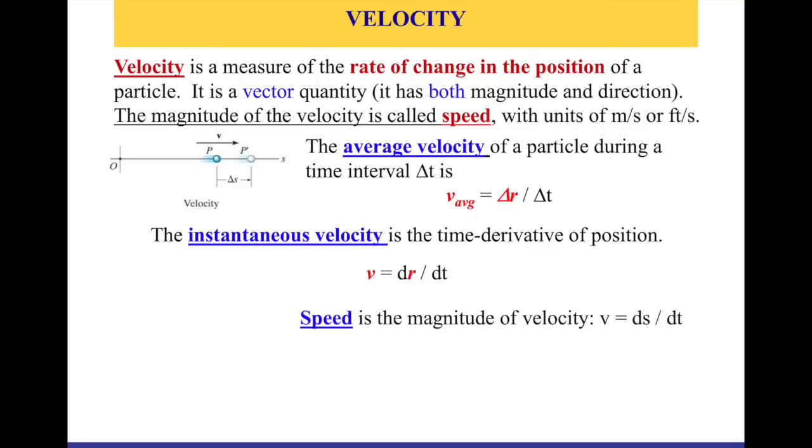That's very important because we're going to have the position as a function of time, and to find the instantaneous velocity, you need to differentiate the position, and then you can find the velocity at a specific point in time. Speed is the magnitude of the instantaneous velocity, which is ds over dt.